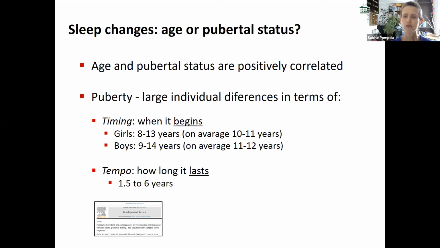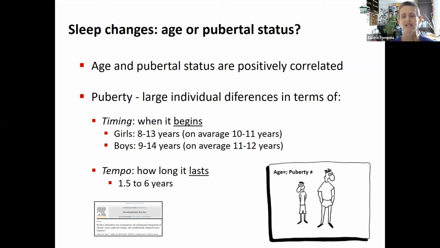Also, the whole of puberty can take as little as 1.5 years, and it might take up to 6 years. So when we deal with adolescence, we have a rather awkward situation in that we can have various adolescents who are the same age, but who are in all different stages of puberty. And we also have cases in which we have individuals who are of different ages, but in the same pubertal stage.